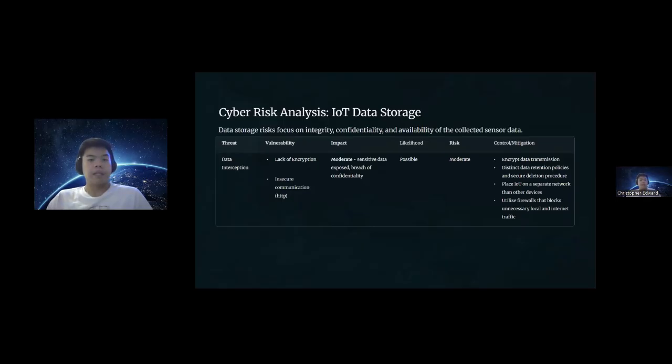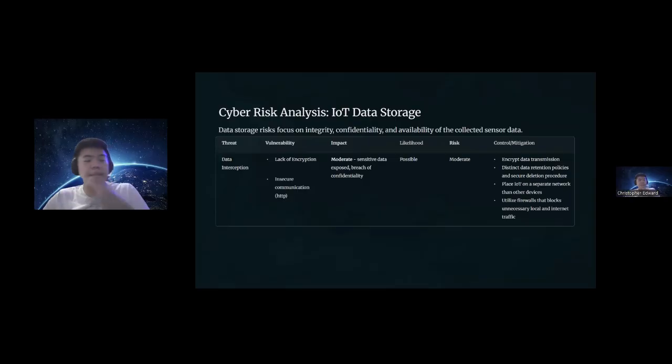Now we are looking at data storage, which is where the collected sensor information is stored, transmitted, and also analyzed. The main threat here is data interception, where sensitive data is exposed because of unencrypted communications or the use of insecure protocols like HTTP.